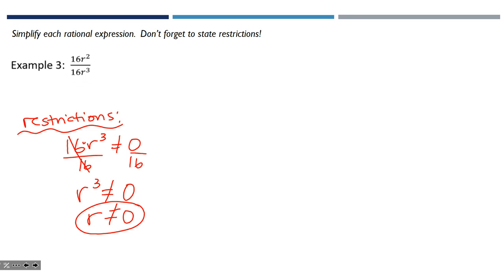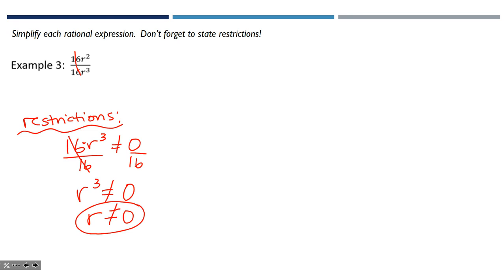So now that I have my restrictions, let me cancel my common factors. So going back up and looking at the original problem, 16 divided by 16, that cancels out. And r squared divided by r cubed, remember when we divide, we can subtract our exponents. So 3 minus 2 is 1. But the r to the first power stays wherever we had more exponents or the higher exponent to begin with.